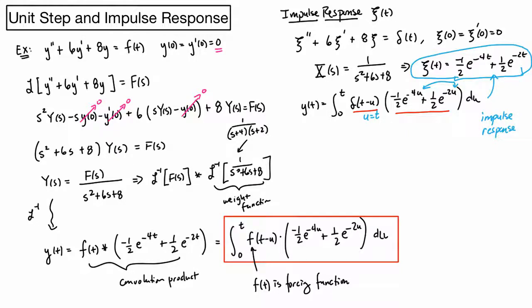So what is the importance of the impulse response? Well, the idea is that when you go back over here and look at how we constructed this problem, in the case where you had s squared plus 6s plus 8 times y of s equal F of s, this is really just the idea that you have the delta function on the right hand side, and the one that was on top here is simply the delta function's convolution with that.